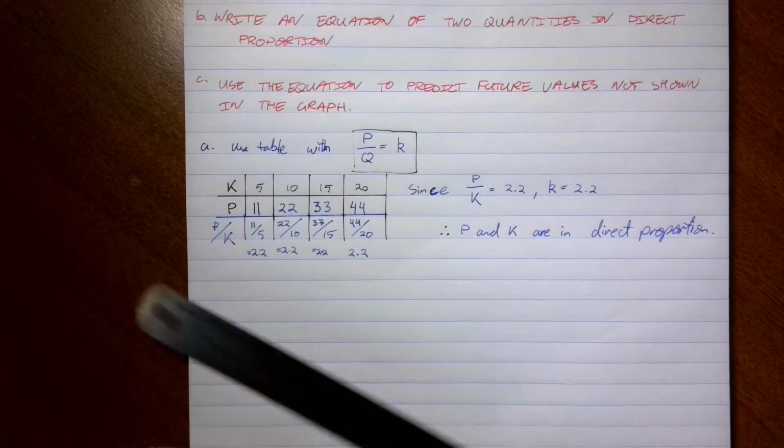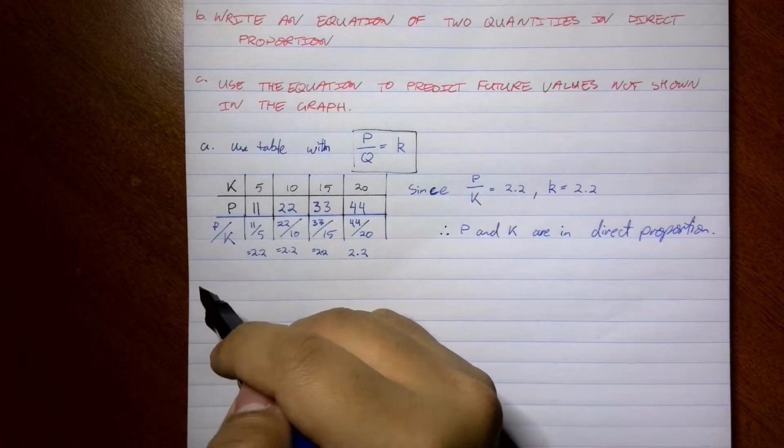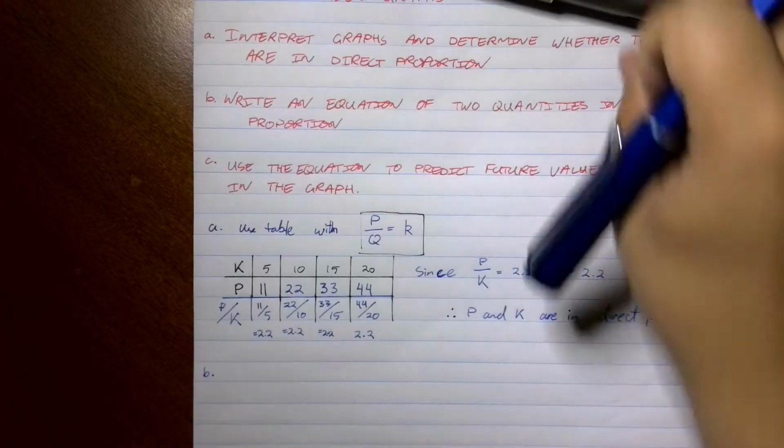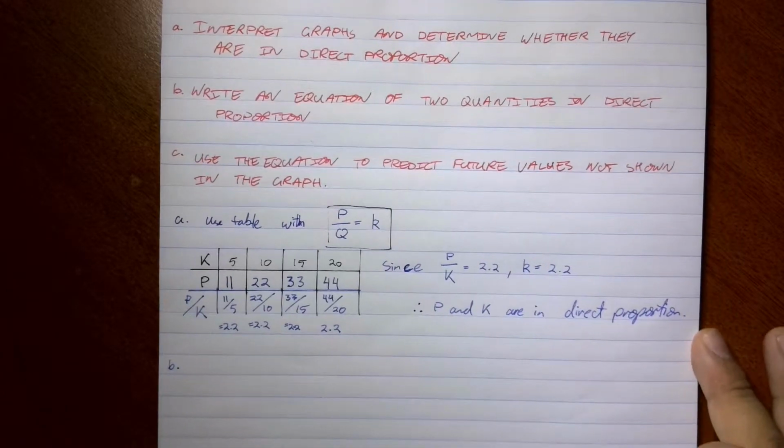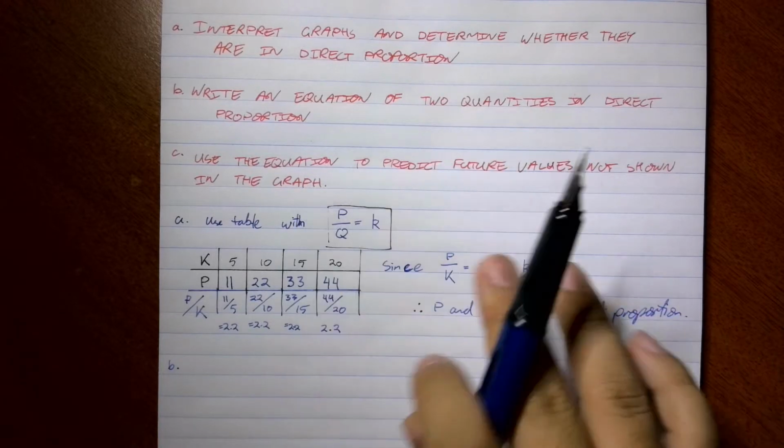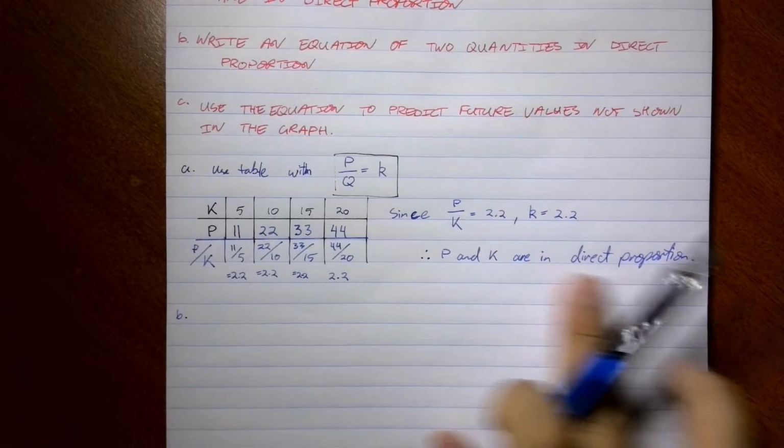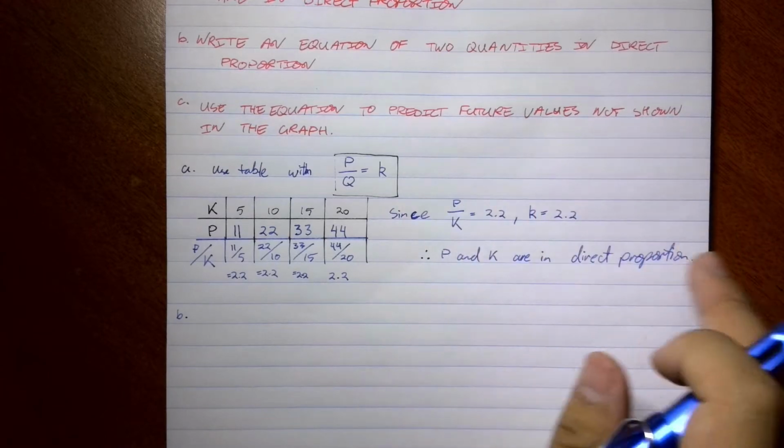Let's answer question B now. Question B is to write an equation of two quantities in direct proportion.